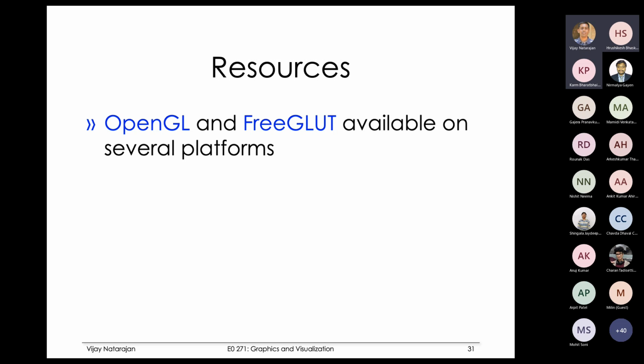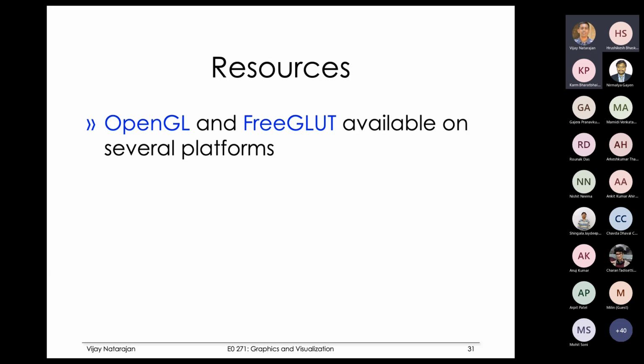What you will need for the assignments and in order to learn the material in the class is OpenGL for the graphics rendering, and any windowing toolkit. FreeGlut is a bare bones windowing toolkit that allows you to create a window and interact with it using your keyboard and mouse and so on.